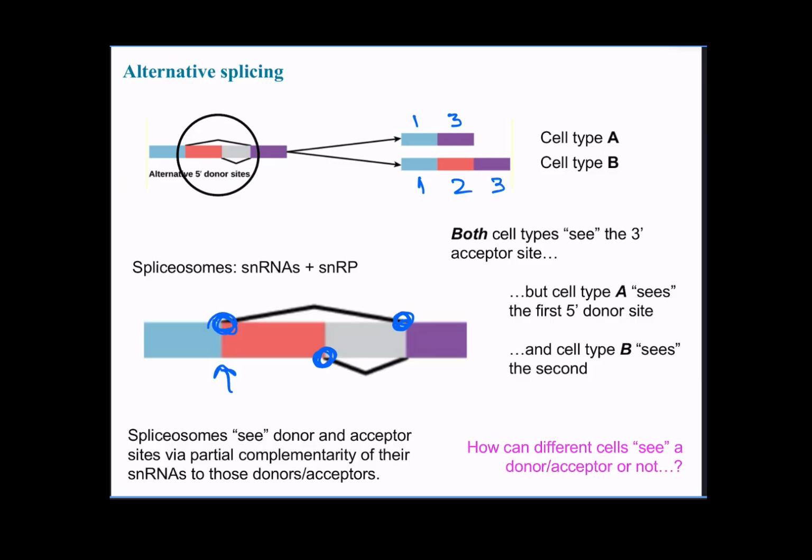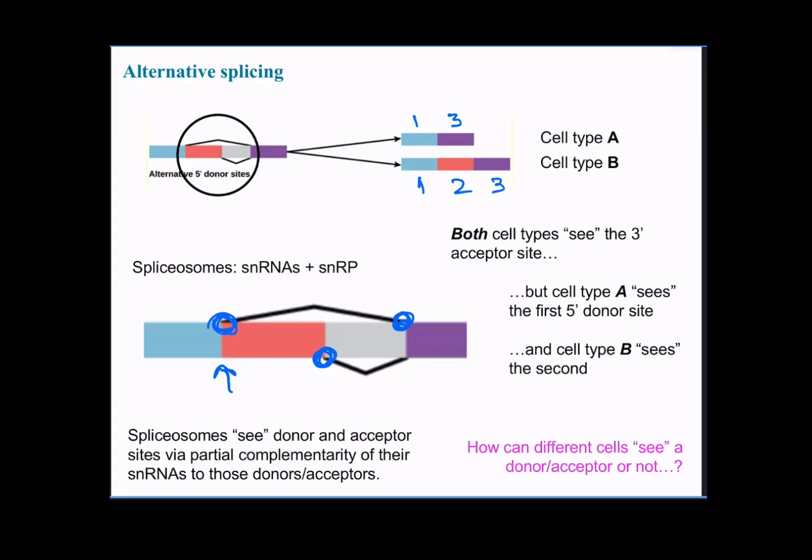So just like proteins that can read specific words in DNA, these snRNAs can also read specific words in the pre-mRNA molecule. And through base pairing, they will tell the rest of the spliceosome that they're contained in, hey, we found a donor or acceptor site, right?